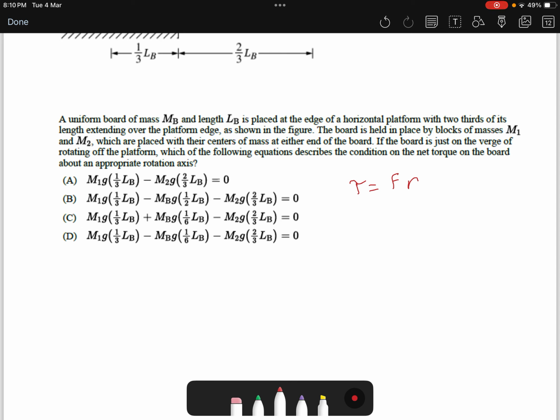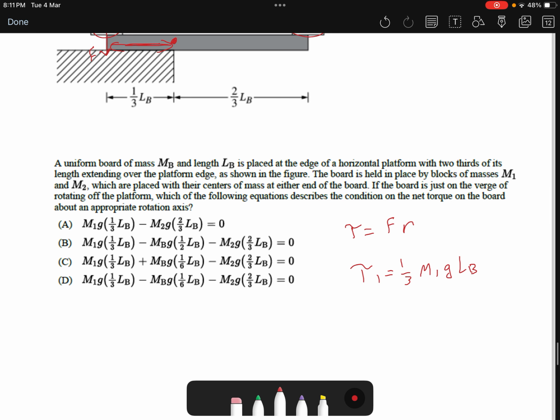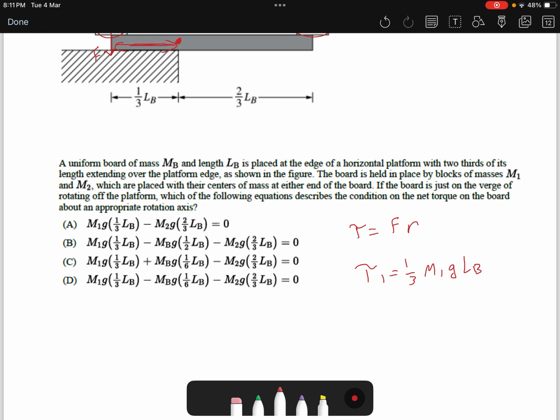For M1, tau equals 1 over 3 M1 G LB. Why? Actually, M1G is the force, and the distance here is 1 over 3 LB. So this is tau 1.